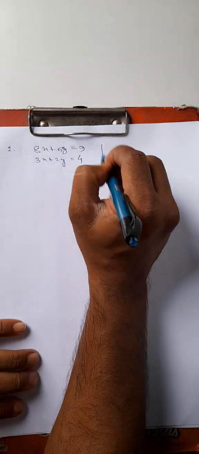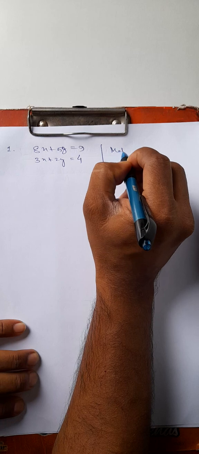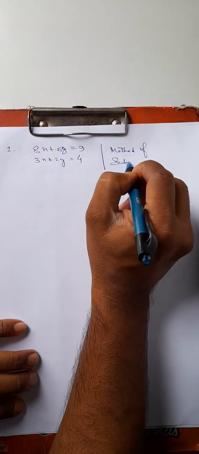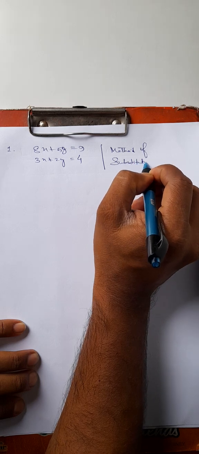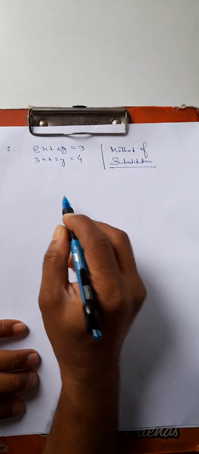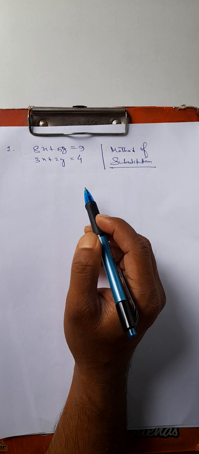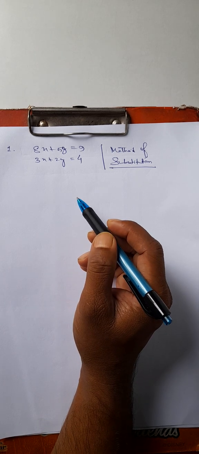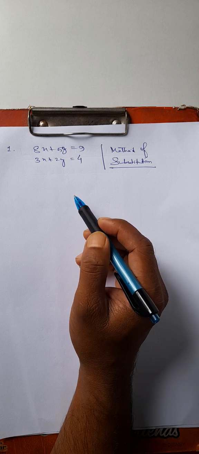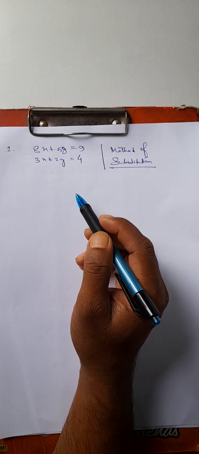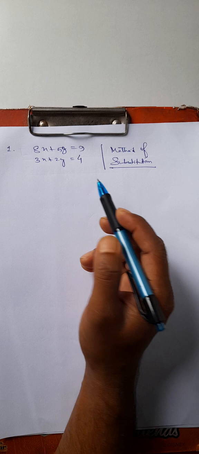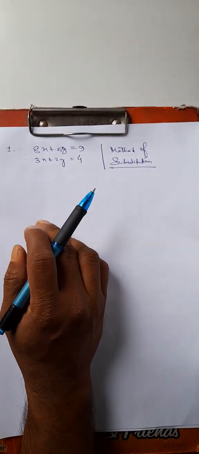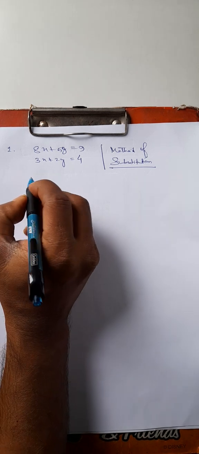Now here we will start with the method of substitution. In the method of substitution, we will find x in terms of y or y in terms of x from one equation. Then we will substitute that value of x in the other equation, the second equation.